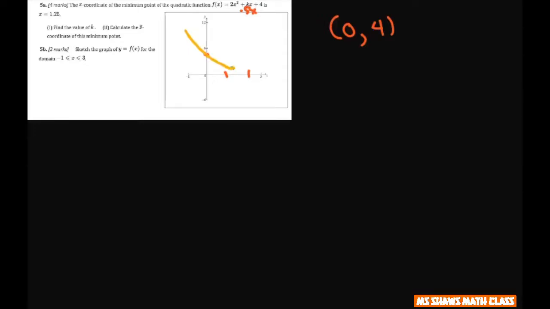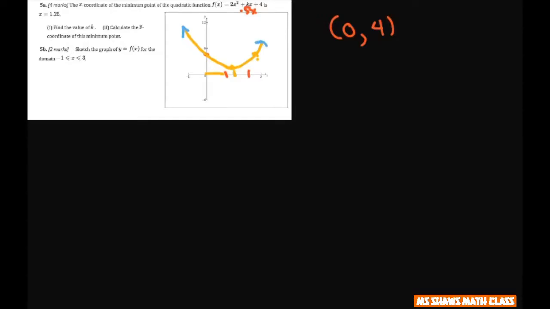This is a minimum. We went over 1.25, so that would be about here. And you're just sketching it, and it should go back up. Something like that. If you want to put arrows, you can.